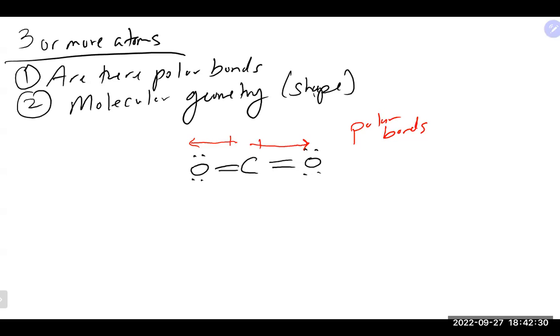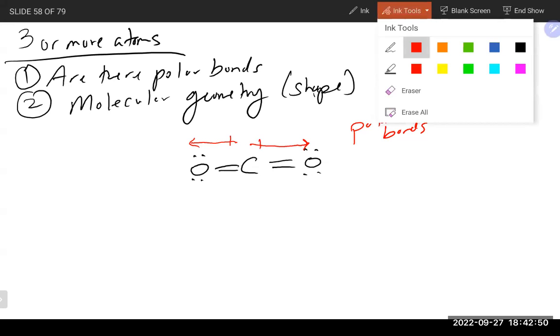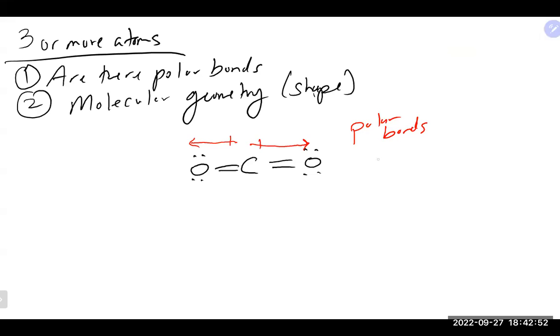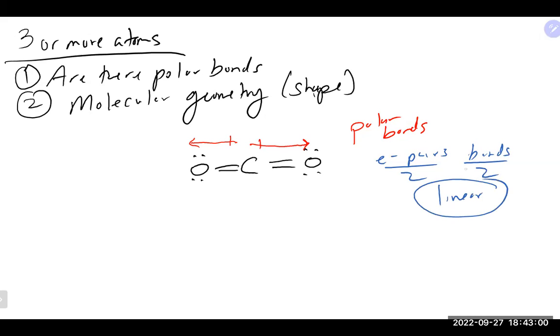So you might be tending to think it has polar bonds, so it would make sense that this should be a polar molecule. But the second thing that we need to look at is the molecular geometry. What is the molecular geometry of CO2? It is linear. If we count up electron pairs, carbon has 2 electron pairs, and it also has 2 bonds, and that is a molecular geometry of linear.